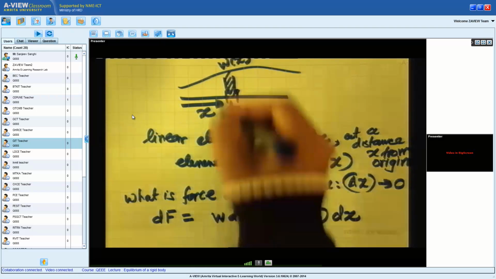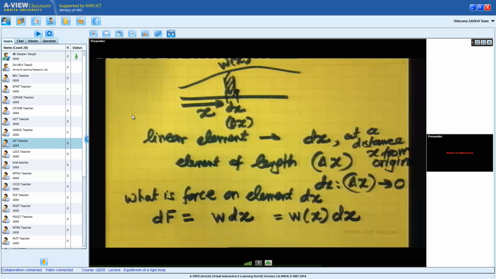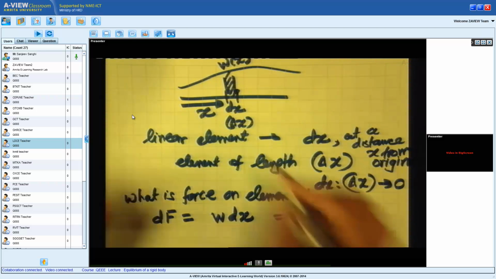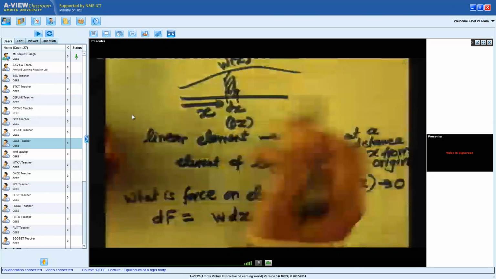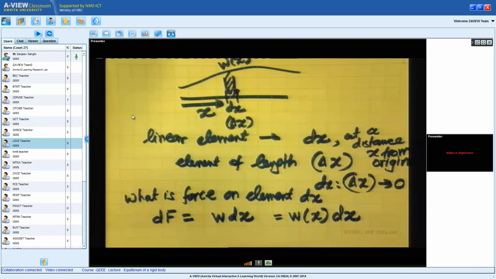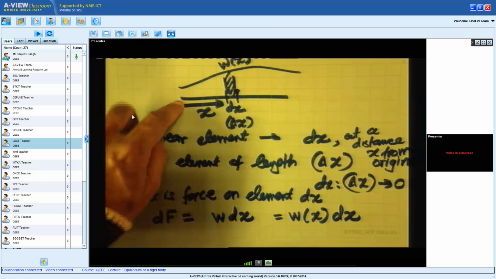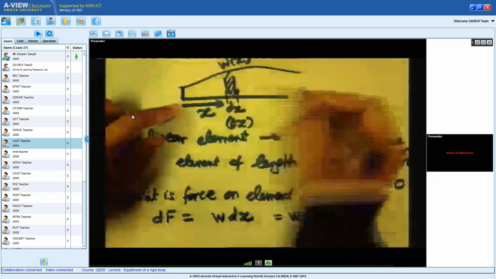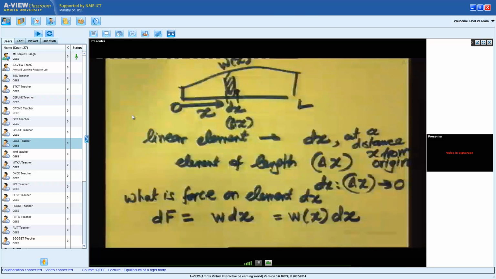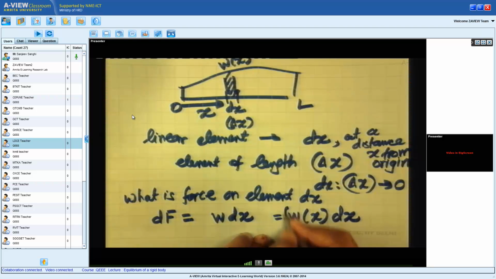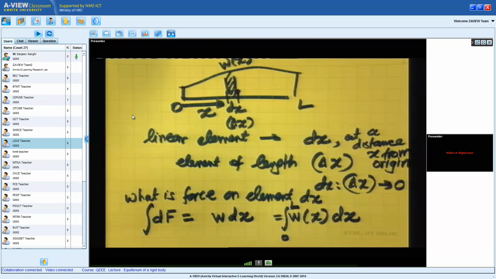This is the force on this element. What is the next step? This dx is located at a distance x away. In this entire range, x varies from 0 to L. So therefore, this becomes an integral from 0 to L. This will give us the total force.